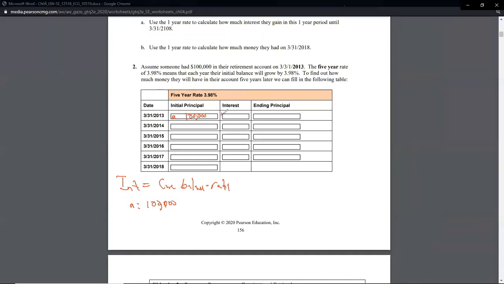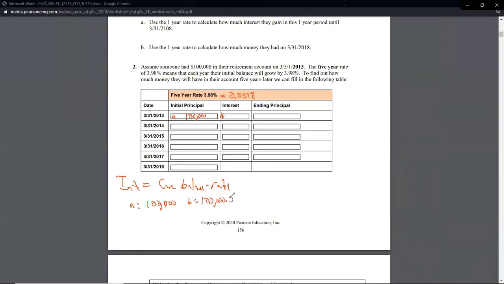But this spot B, what I'm going to call B, the amount of interest we earned for that whole year will be the $100,000 times the interest rate, which we said was 0.0398.